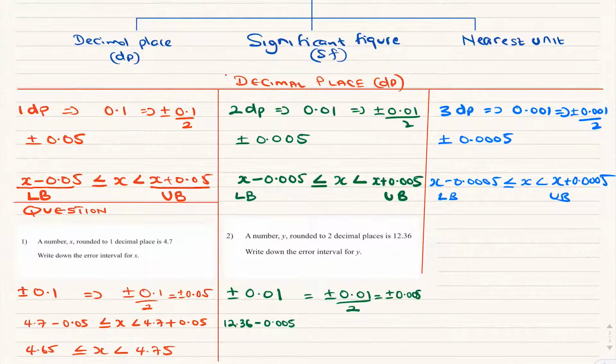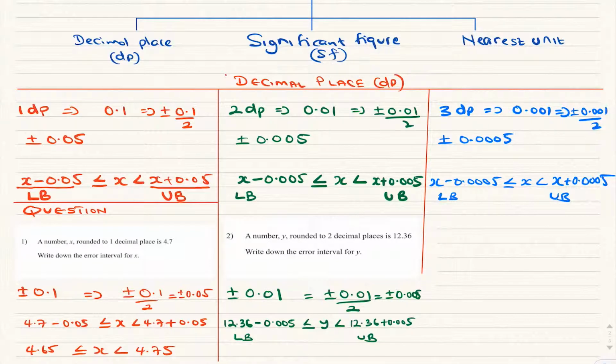That's the smallest possible value, or the lower bound. So let's just write the lower bound, and that will be less or equal to y, which is less than 12.36 plus 0.005. And that will be the highest possible value, which is the upper bound.